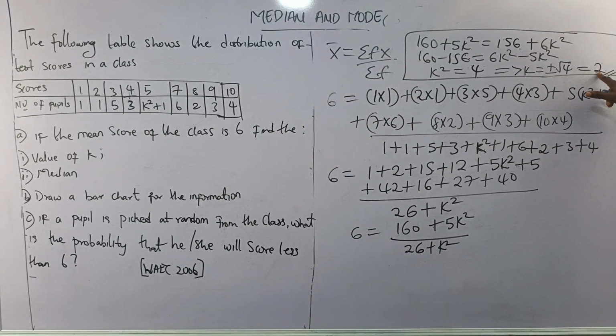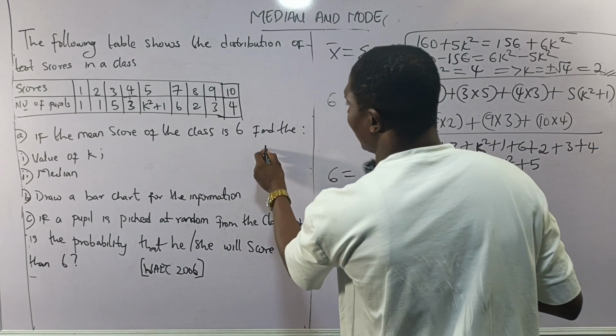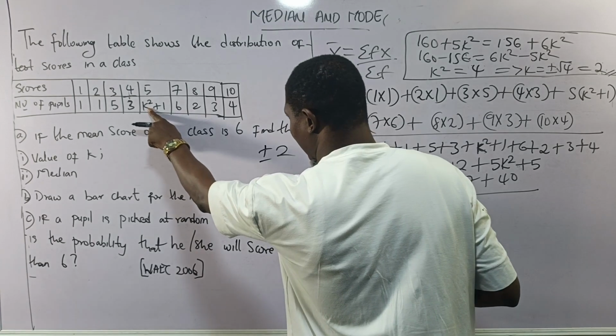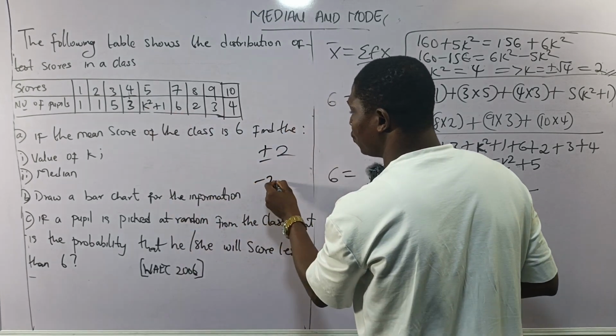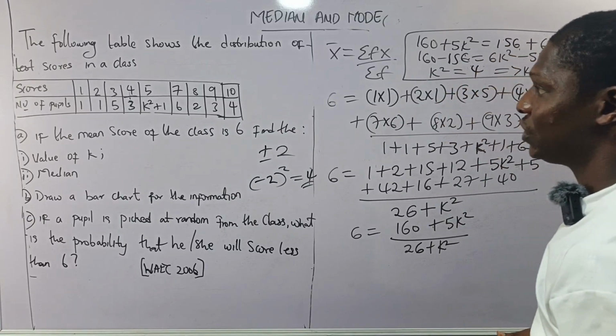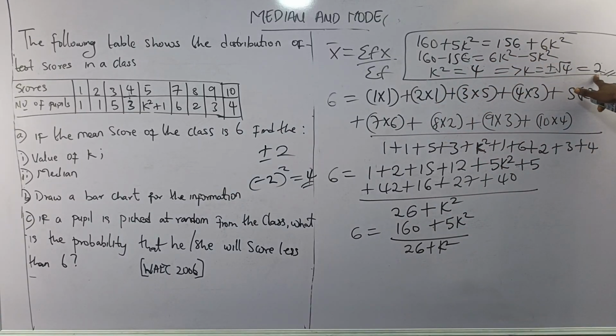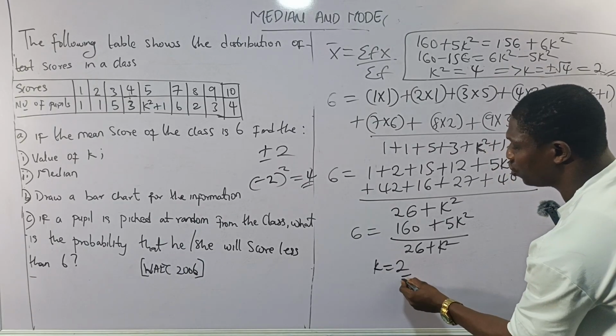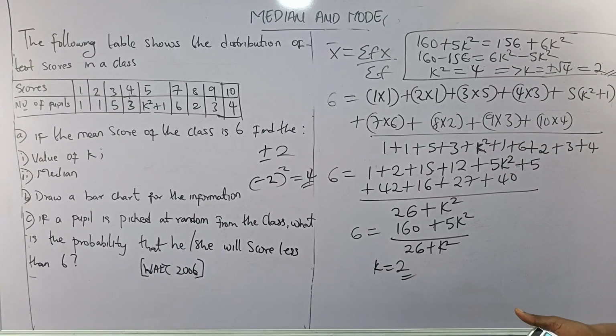So our k is positive what? 2. Remember, even if I use negative 2, I have plus or minus 2. If I still use k here as negative 2, I have negative 2 in bracket squared. We still come back to positive what? 4. So take note. But the right value to use is positive what? 2. So our k is equal to what? 2. So we've gotten the value of k.